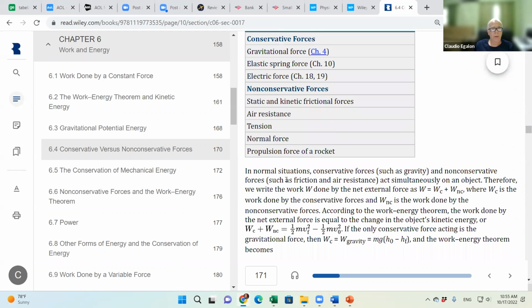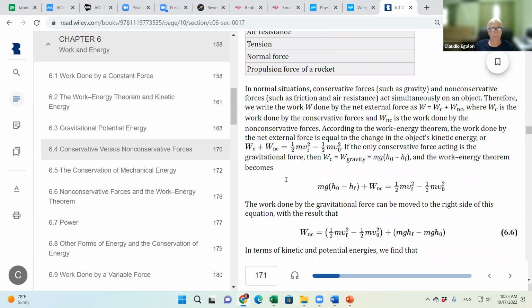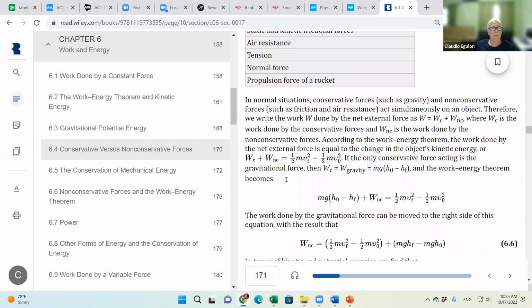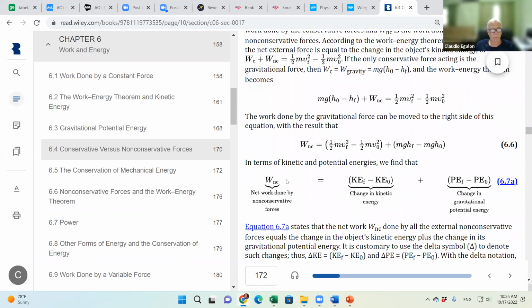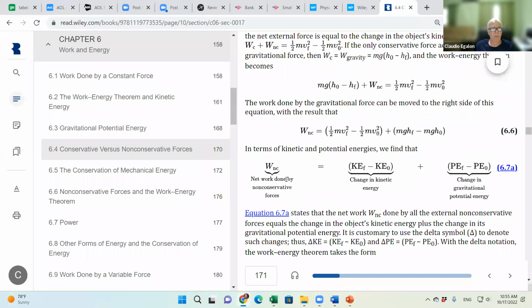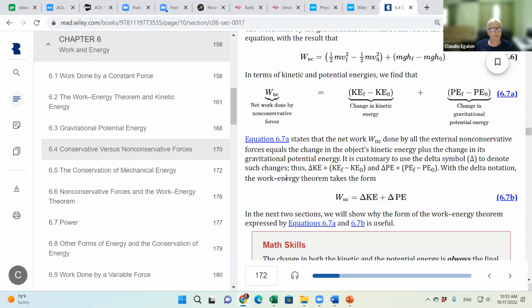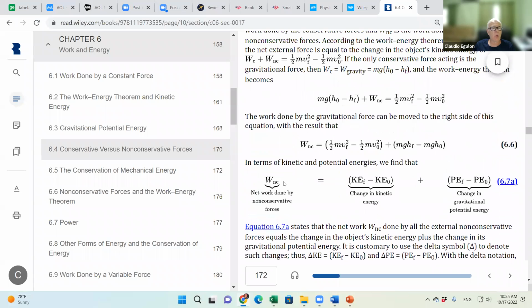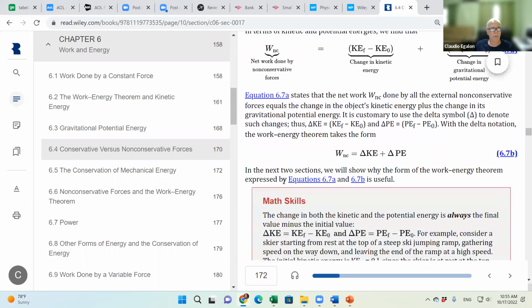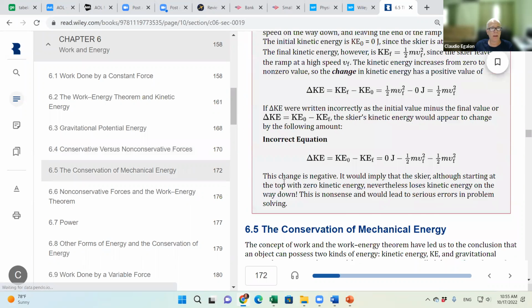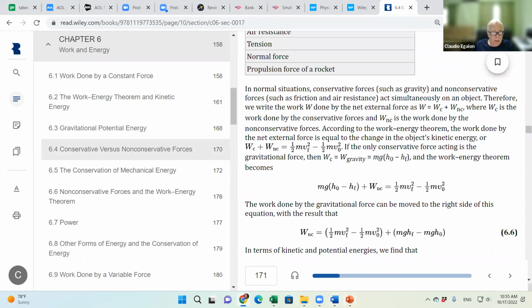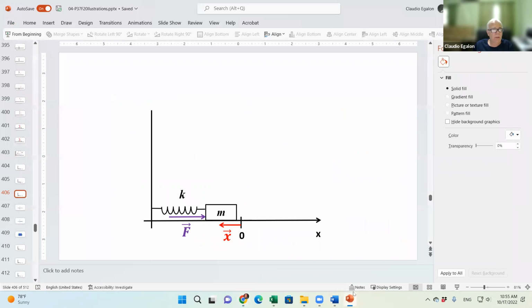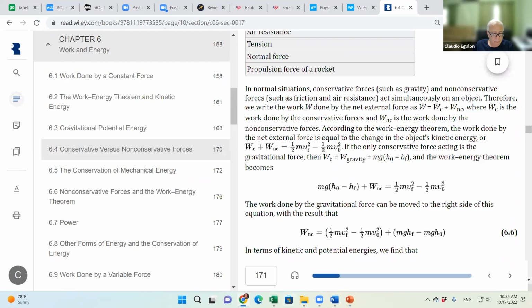Okay, so here we go. What about non-conservative forces? We can solve problems. Right now, we did problems just on conservative forces. What if we have a non-conservative force? How do we solve problems using non-conservative forces?